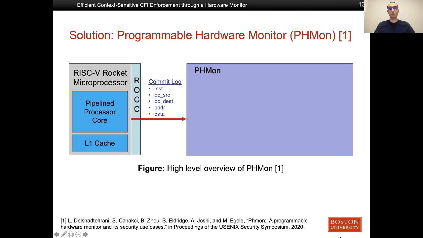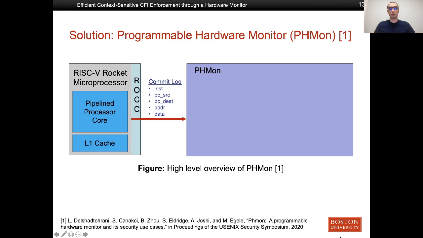In our work, we leverage a programmable hardware monitor called PHMON to achieve this goal. PHMON is a recent work which will be presented this summer at USENIX Security, and it's a programmable hardware monitor interfaced with the RISC-V Rocket microprocessor through the RoCC interface.